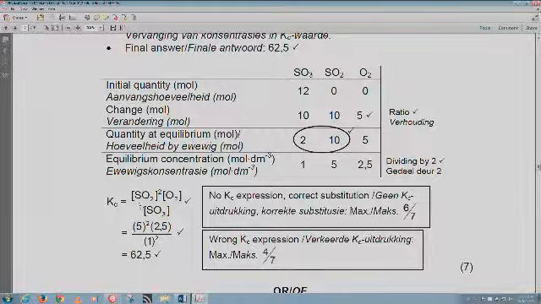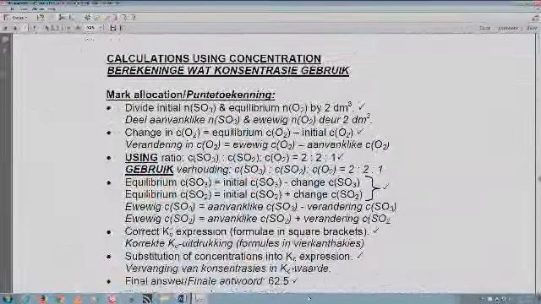But if, for example, the learner used the round brackets, but everything else is correct, then the learner will only lose the mark for the Kc expression. If the learner does not use the moles there, the learner can go to the second option.